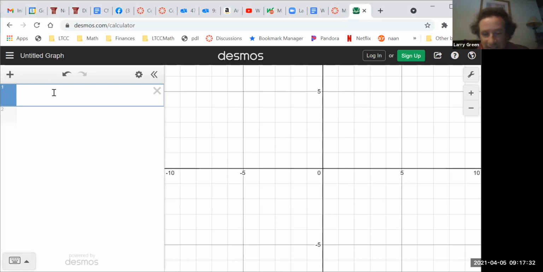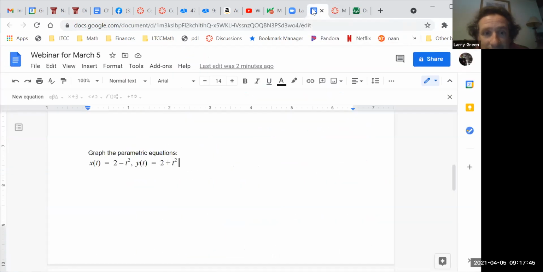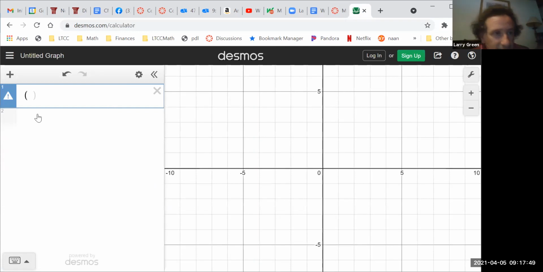So what you do is you put a parenthesis, and then you put the x function, which is 2, was it plus first or minus first? Now I've got to remember. 2 minus first. So we have 2 minus t squared.